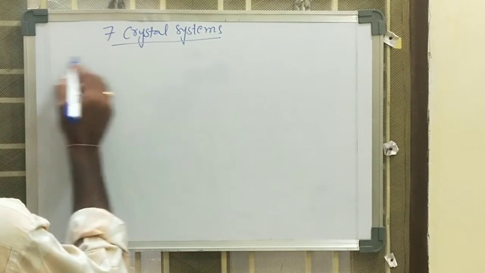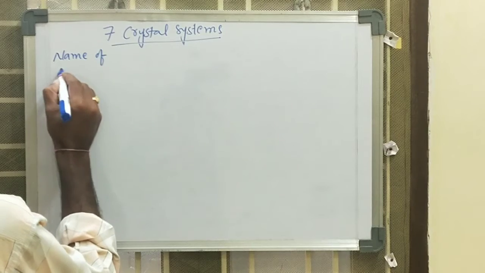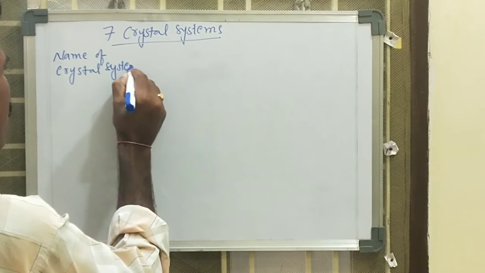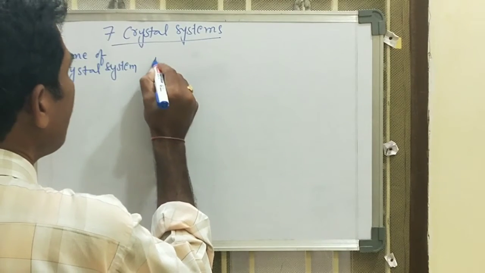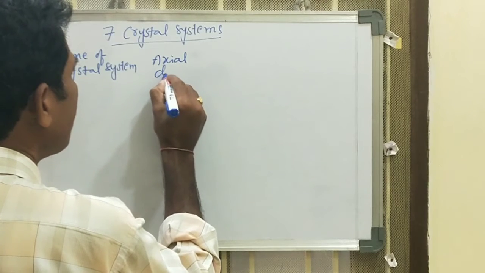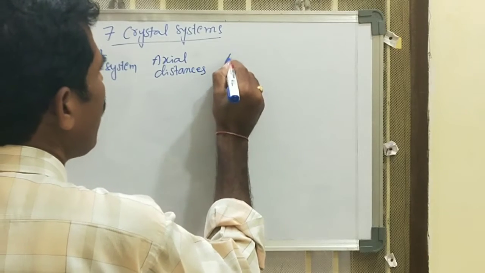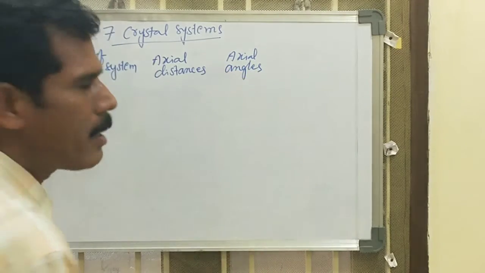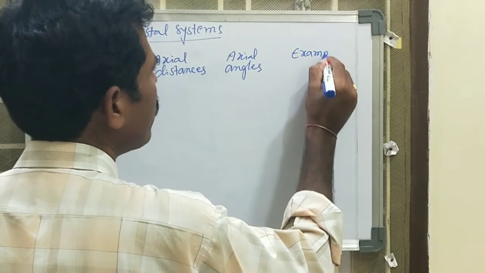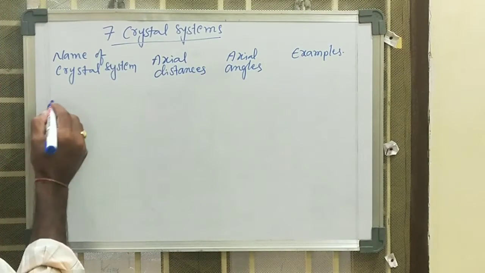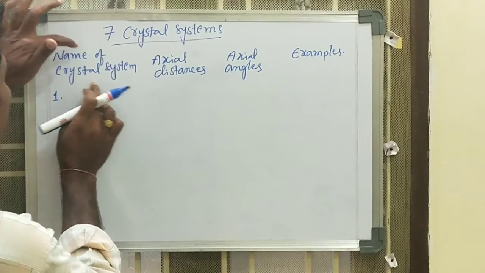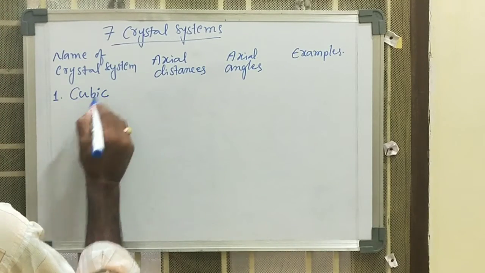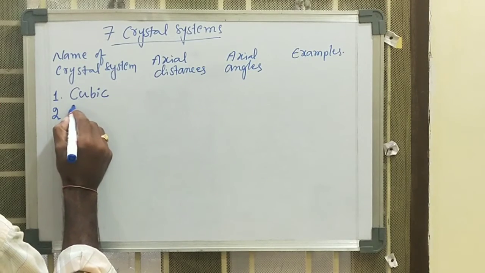Here we have the name of crystal system, axial distances, axial angles, and examples. Under the name of crystal system, the first is cubic crystal system. Second is tetragonal.